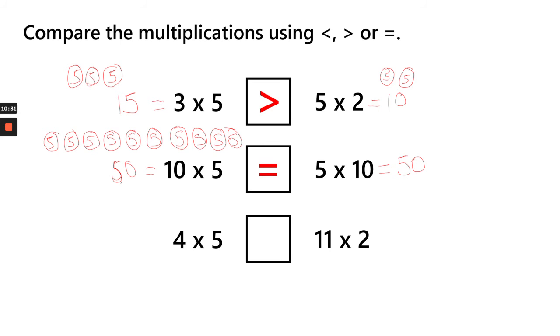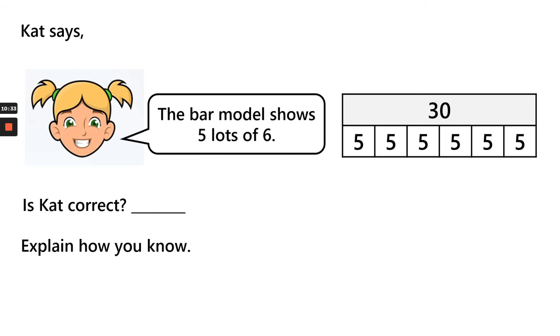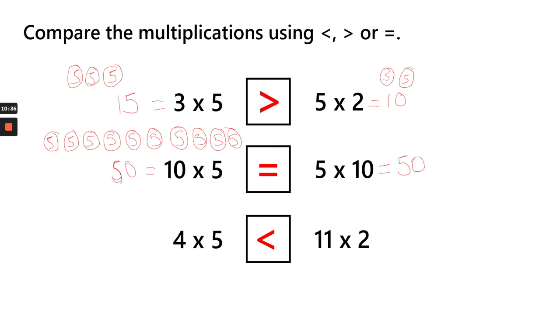Now 4 times 5, let's work this out together. 1, 2, 3, 4 lots of 5. And let's count our groups of 5: 5, 10, 15 and 20. We know that 4 times 5 is 20.